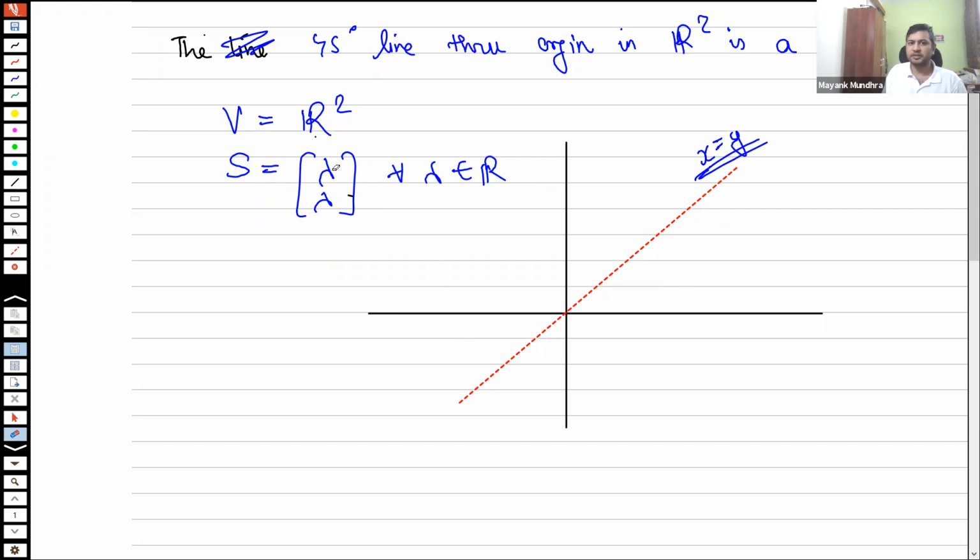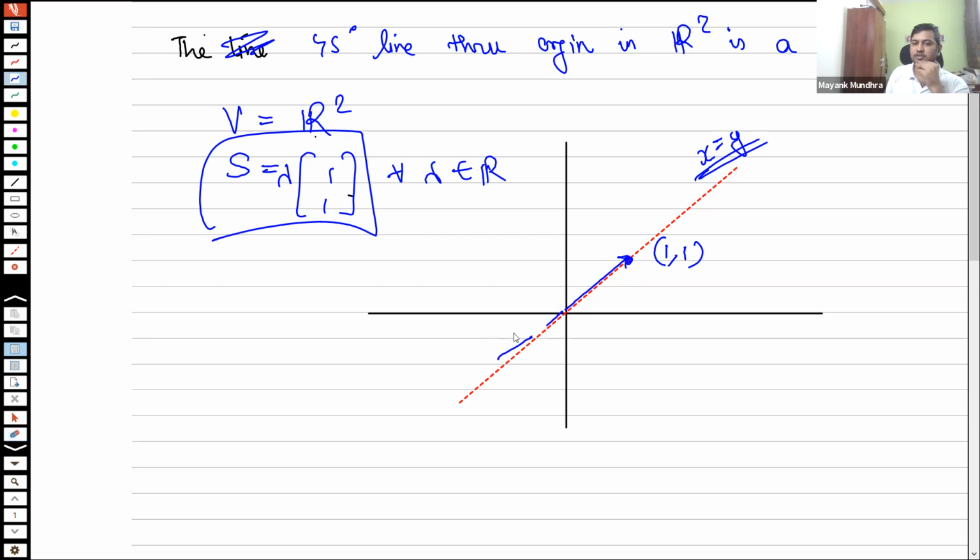This subspace can also be written as lambda times (1, 1). For different values of lambda, you get different elements in this subspace. For example, one of the vectors in the subspace could be 1 comma 1. Another vector could be minus 2 comma minus 2, points which lie along the line x equals y.